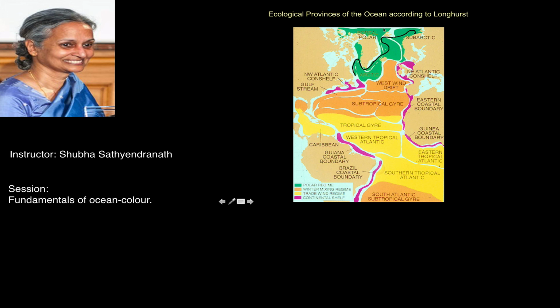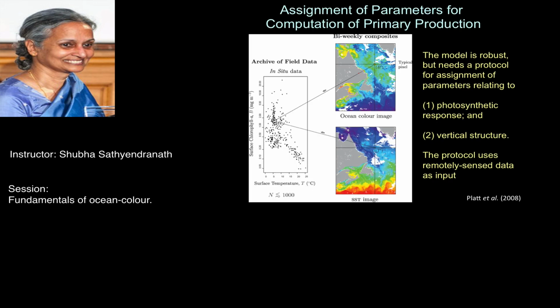So in the very first calculation that we did, we partitioned the information on photosynthetic parameters and chlorophyll profile parameters by season and by province, and then used that kind of method to map the parameters at the global scale and then carried out the calculations.